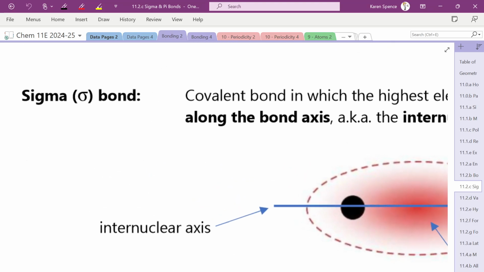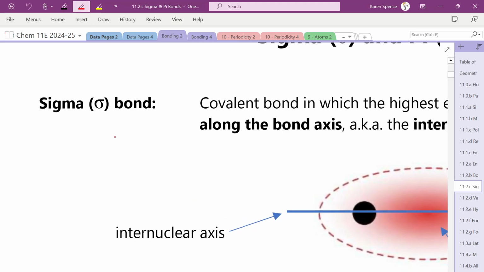Okay, a sigma bond. This is the symbol for sigma. Practice writing it a few times. You start here, you go down, you go around, and you go up, and then you go across like this. That is a lowercase sigma.